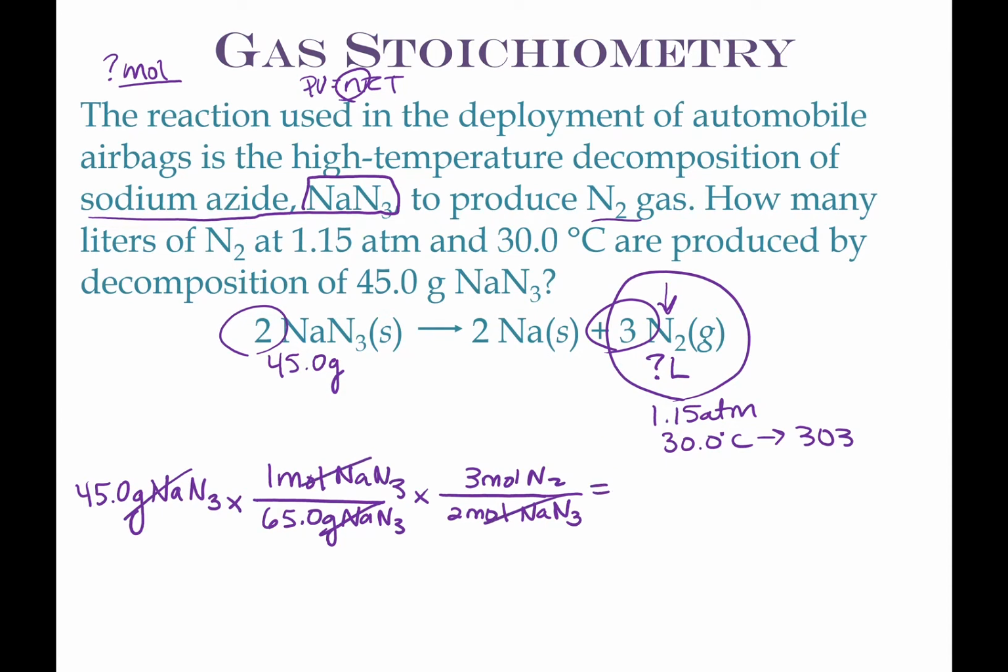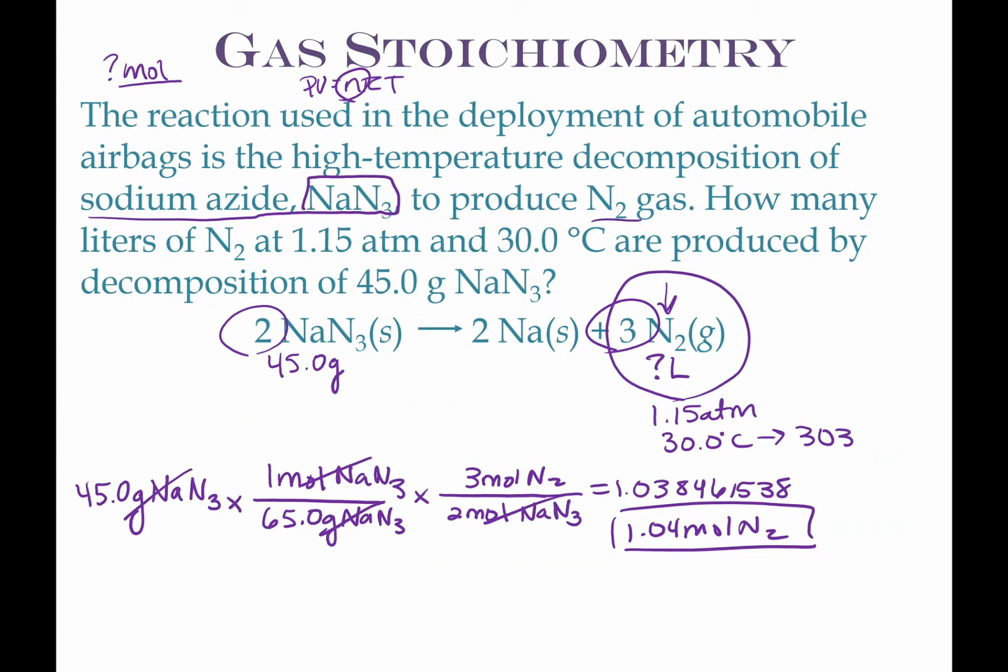So 45 divided by 65 times 3 divided by 2 gives us 1.038461538. And 3 significant figures would be 1.04 moles of nitrogen. And while we don't try to round until the end, it's okay. I'm just going to round it here so we can put it into the next equation simply on the page.